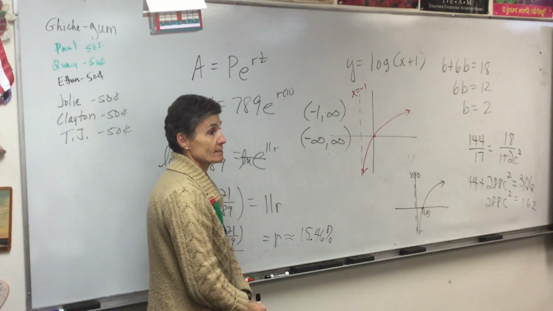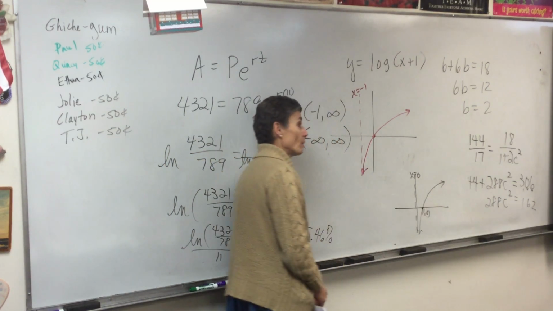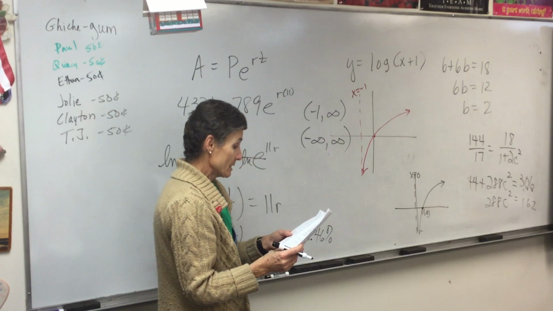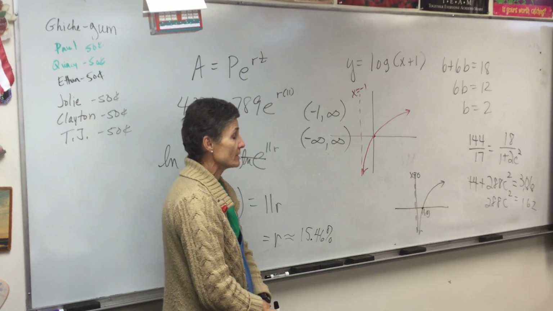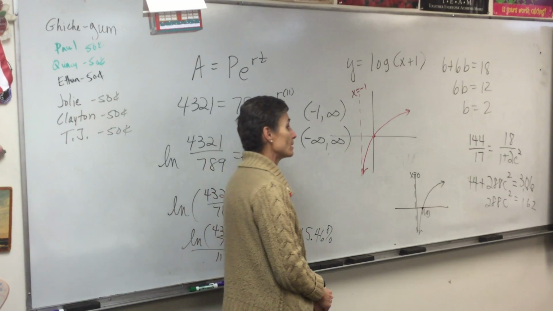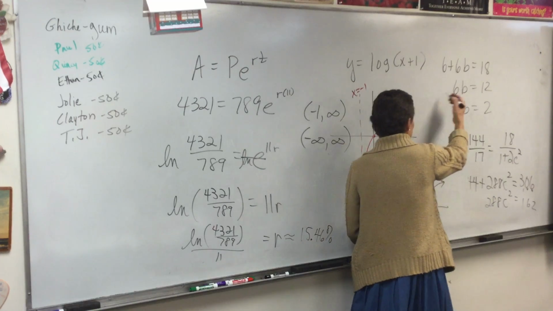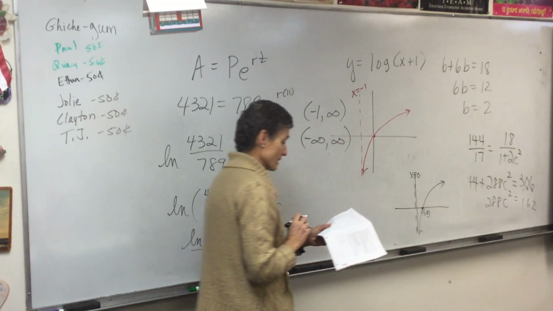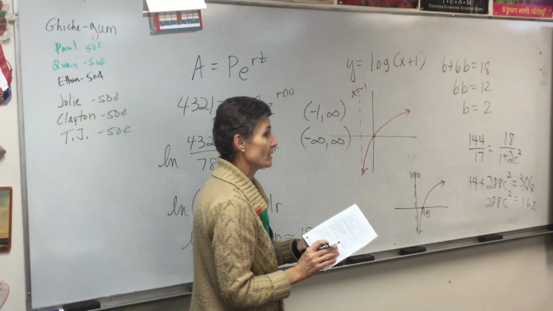Is it continuous? Yep. I can draw that entire red curve without lifting my pencil. Is it increasing or decreasing? Increasing on the entire interval. Remember, moving left to right. Every step I take left to right, I'm going up. Does it have any symmetry? Nope. Is it bounded?